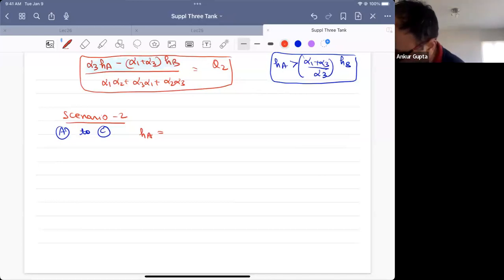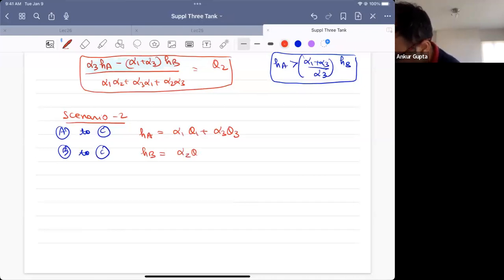HA is equal to alpha 1 Q1 plus alpha 3 Q3. And from B to C, what you will get is again HB is equal to alpha 2 Q2 plus alpha 3 Q3.